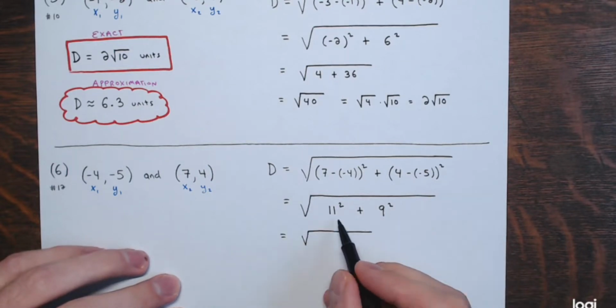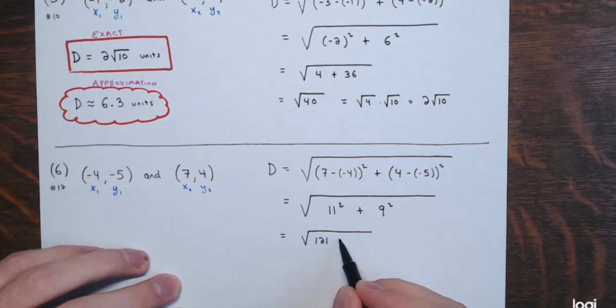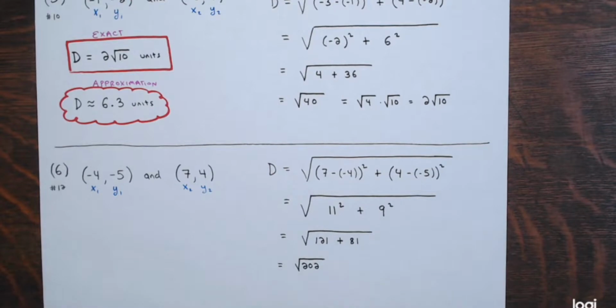11 squared is 121. 9 squared is 81. And we're getting the square root of 202. And that's 2 times 101.